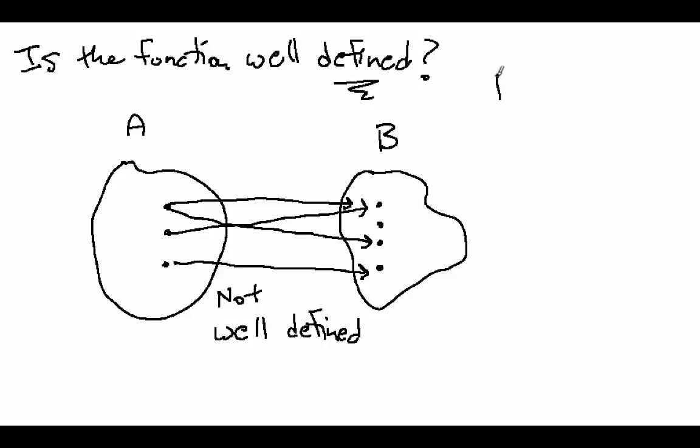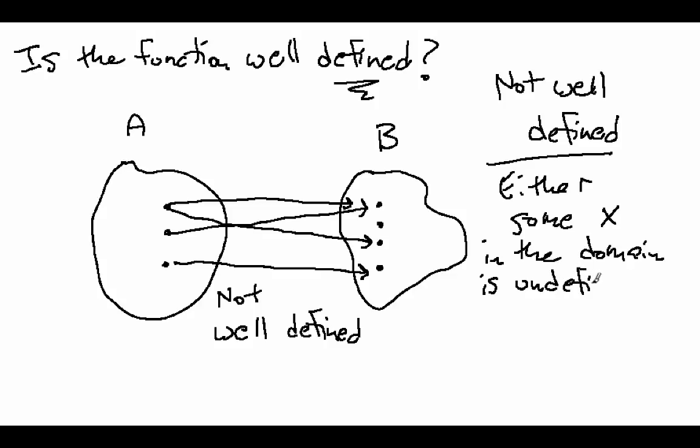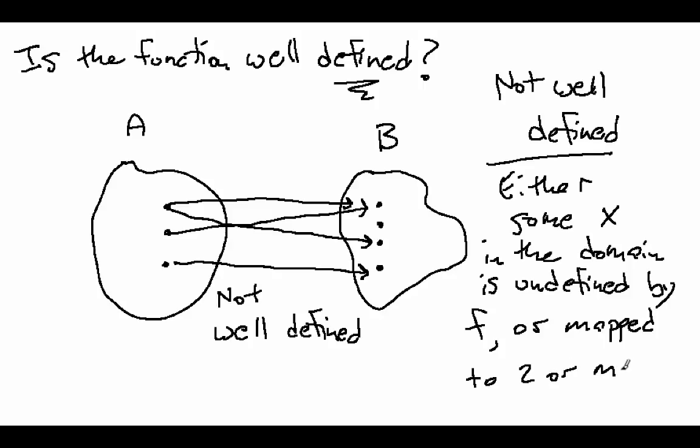So not well defined means either some x in the domain is undefined by f, or mapped to 2 or more values.